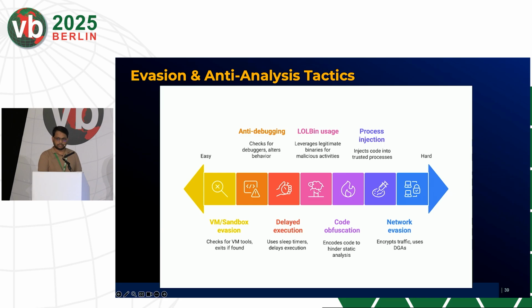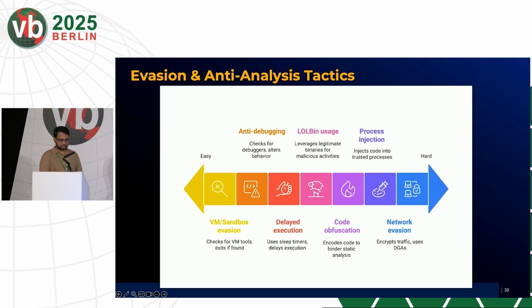They check the sandbox environment, and if found, it exits. Then anti-debugging techniques, which detect debuggers or alter behavior around reverse engineering tools. Then delayed execution: they use sleep mechanisms or delayed payload delivery to bypass automated security scans. Then LOLBins, we have seen examples of LOLBin usage.